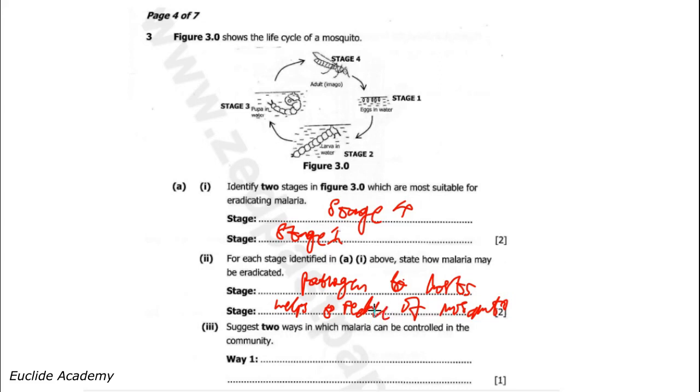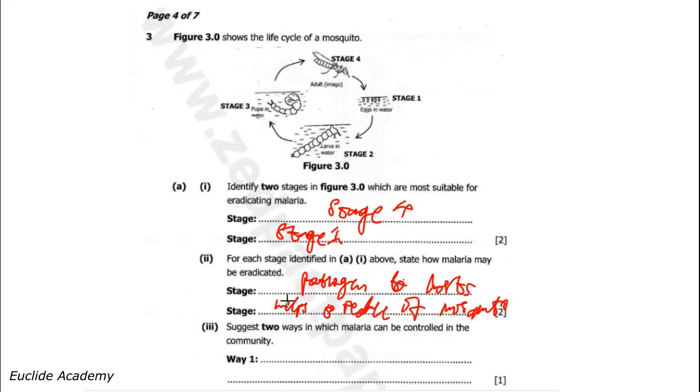So that is by eradicating or destroying the breeding places of the mosquito. So it helps eradicate or reduce the population of mosquitoes. So that is how it would help to eradicate malaria.